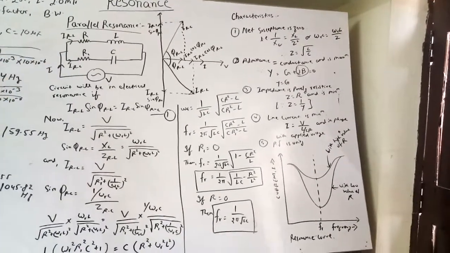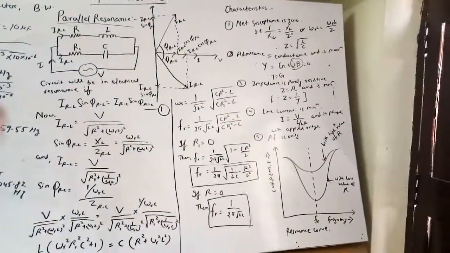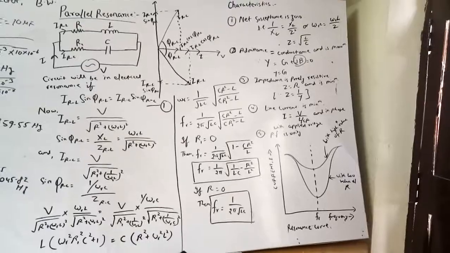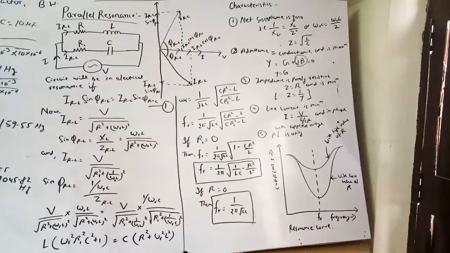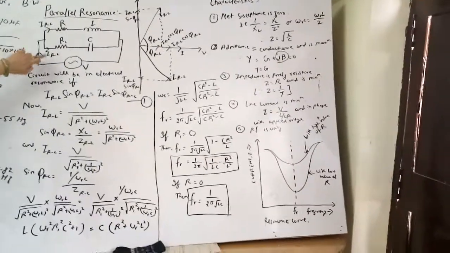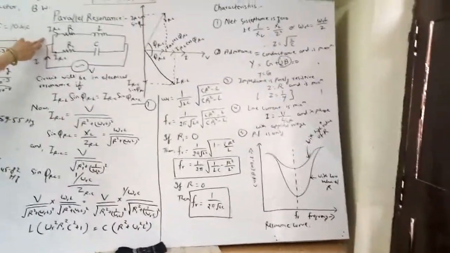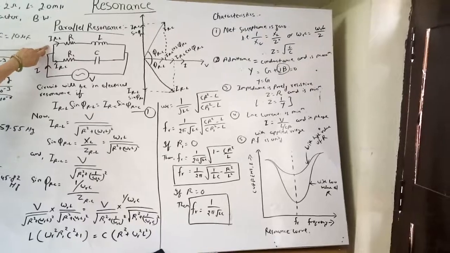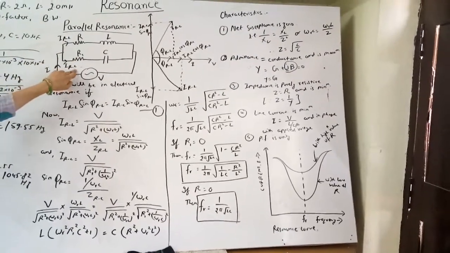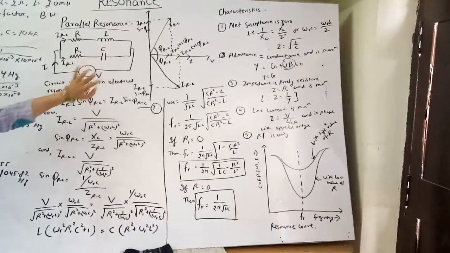In the series resonance, voltage across inductance equals voltage across capacitance. But in the parallel resonance, the sine component of current across RL equals the sine component of current across RC.